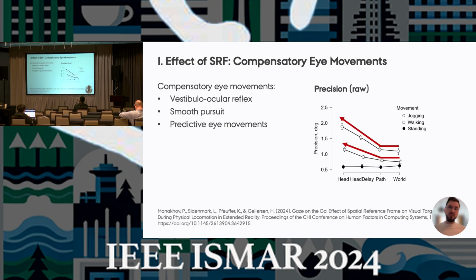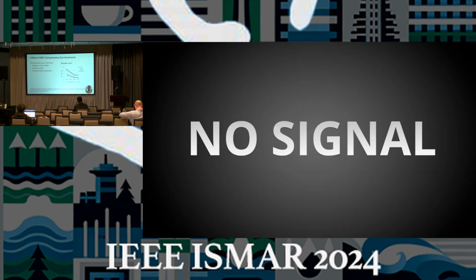In our previous work, we showed that when the target is, for instance, well referenced, these compensatory eye movements help to stabilize gaze on the target, which is reflected in the results for precision. As opposed to that, when the target is rigidly affixed to the head, the same compensatory mechanisms work against the user by swinging their gaze around the target, thus worsening the precision.